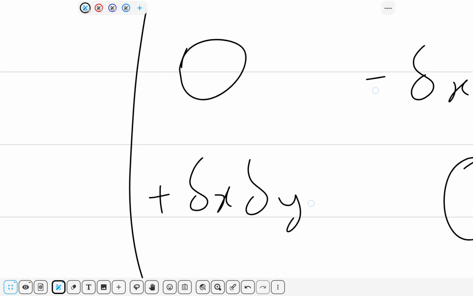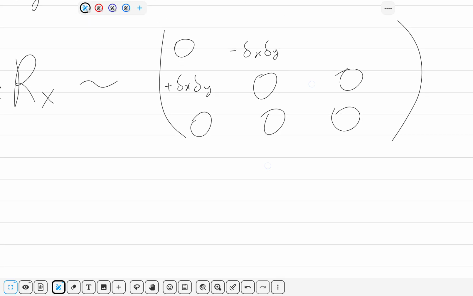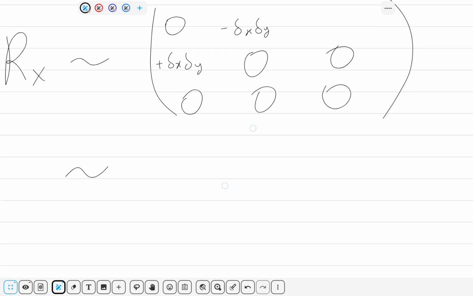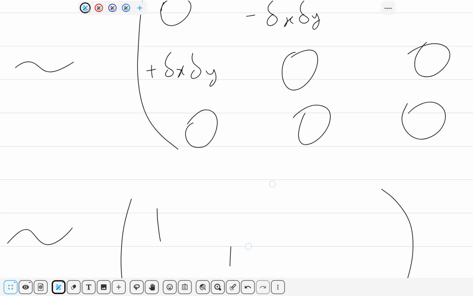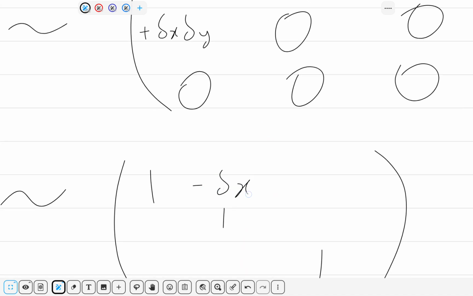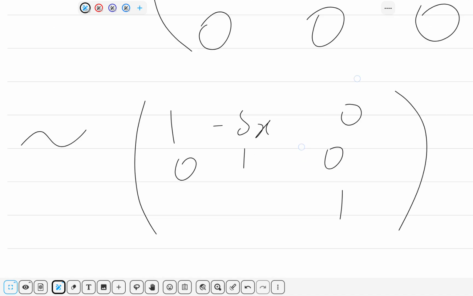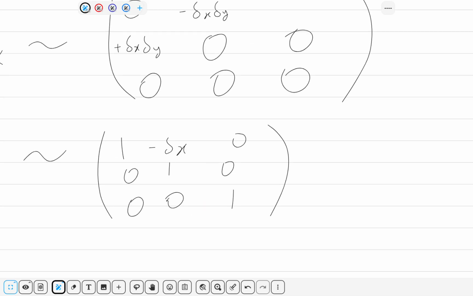Then it will be this. So notice here, this is actually 1 1 1, minus delta x, 0 0 0 0 0, minus identity.